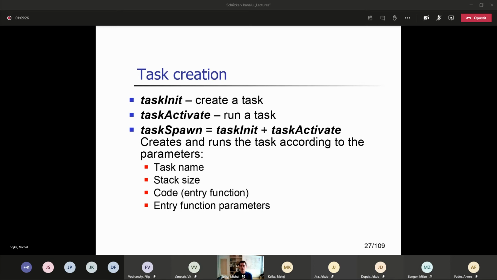When you are creating the task, you have to specify a fixed size for your stack. And remember, stack is used for local variables of functions and for passing parameters. So if you have deep recursion or deep call chains, you might need quite some space on the stack.